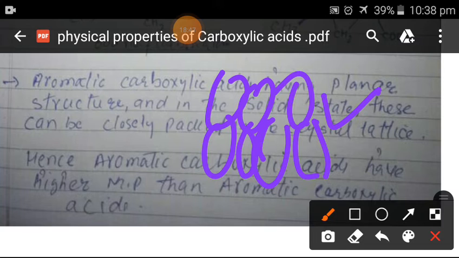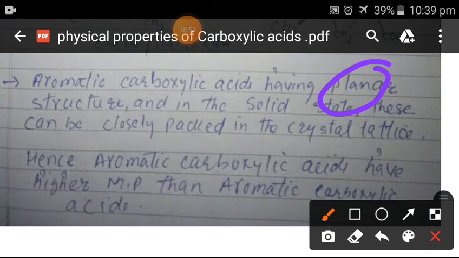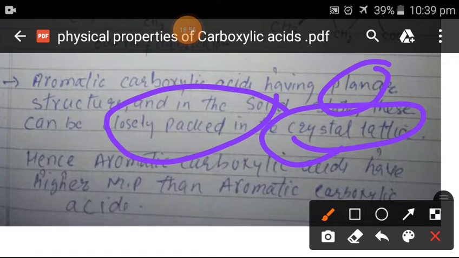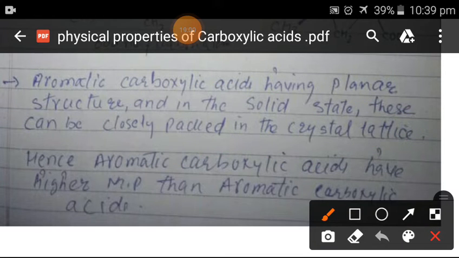So these aromatic carboxylic acids are planar, due to which they form close packing structures. Clear? In the crystal lattice. Hence aromatic carboxylic acids have a higher melting point than aliphatic ones.